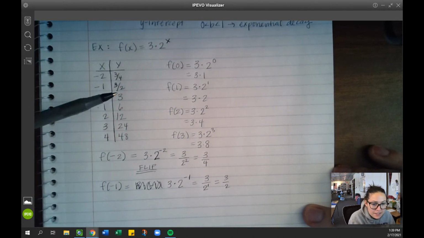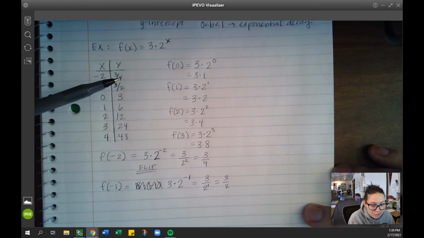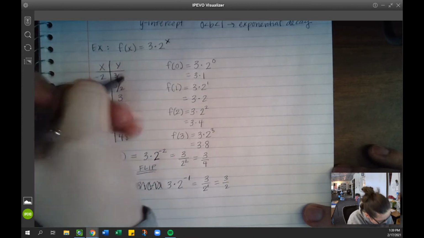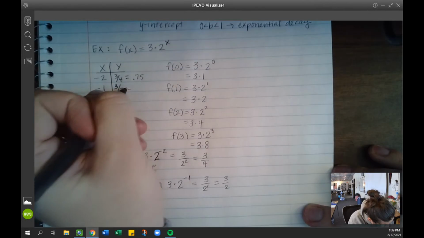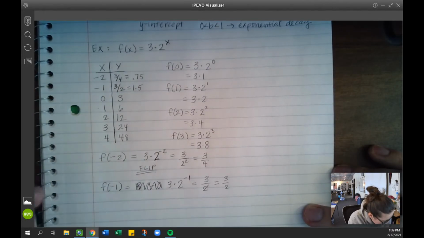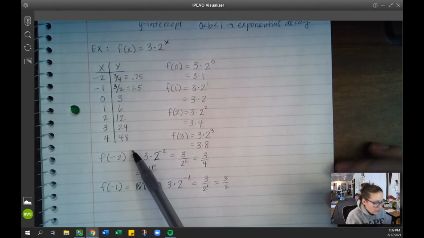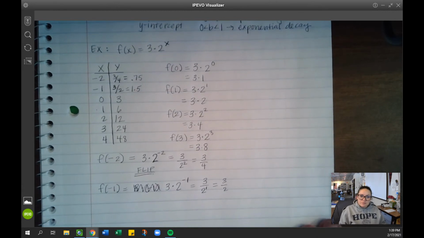And again, this does follow the pattern. 3/2 is 1.5. And if I double 1.5, I get 3. 3/4 is 0.75. 0.75 doubled is 1.5. So if you want to write this out, you can. 0.75, 1.5. And every single time, we are doubling.